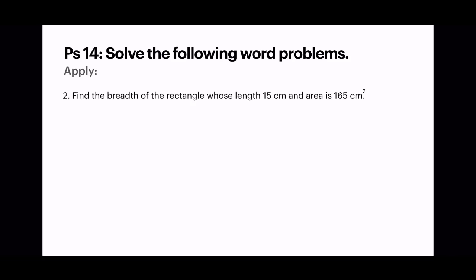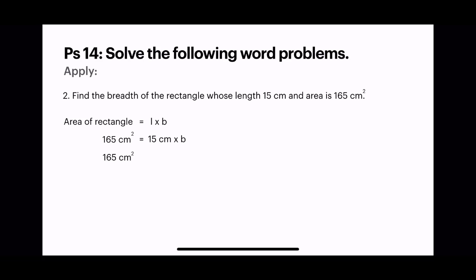Problem set 14. Solve the following word problems. In the apply part, let us see the second sum. Find the breadth of the rectangle whose length is 15 centimeters and area is 165 centimeters squared. Area of a rectangle is length into breadth. So 165 centimeters squared is equal to 15 centimeters into the breadth.